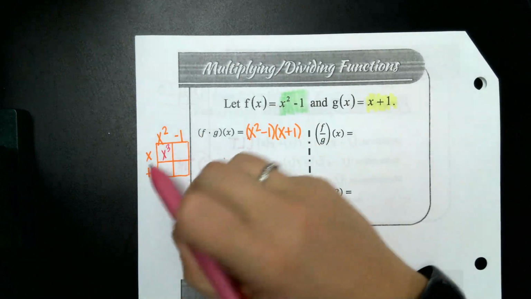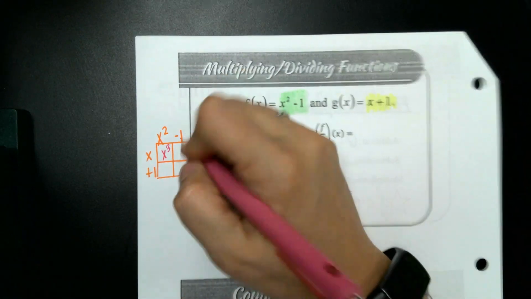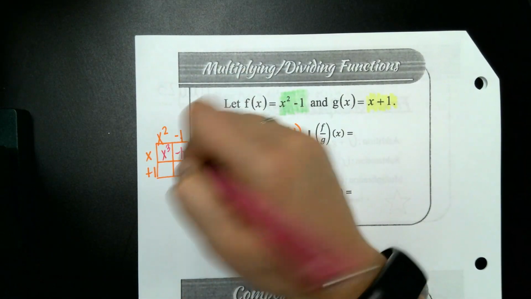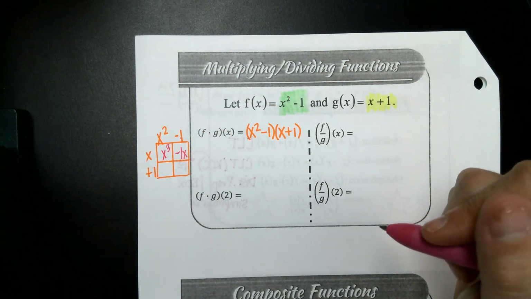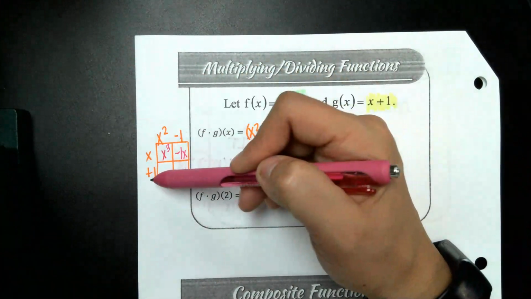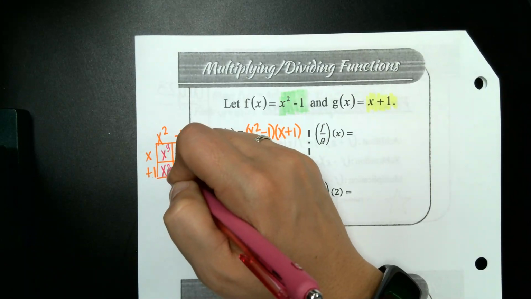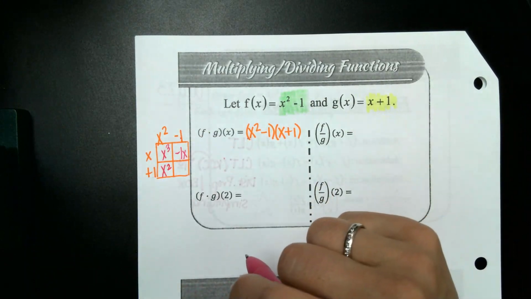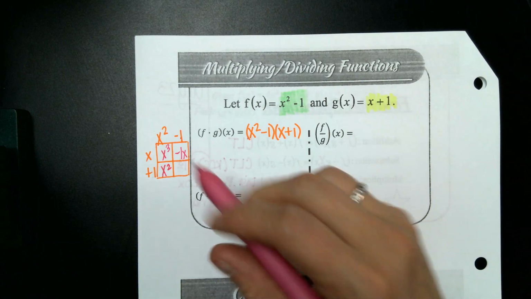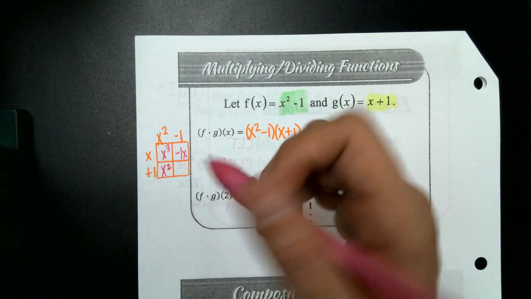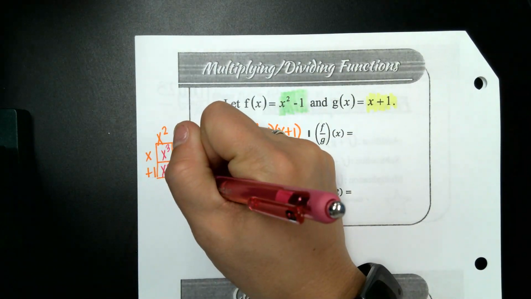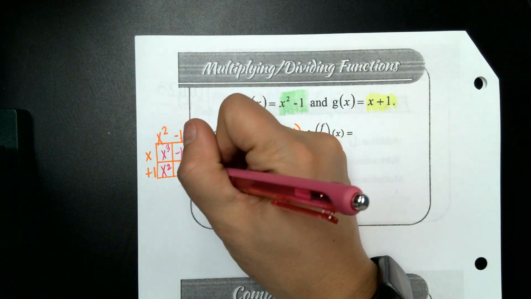And then if we take x times negative 1, we get negative 1x. When we go to do the bottom row, you've got 1 times x squared, which is just x squared. And then what's a positive 1 times a negative 1?